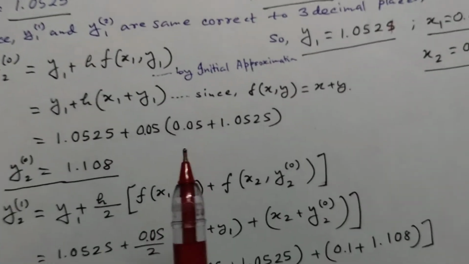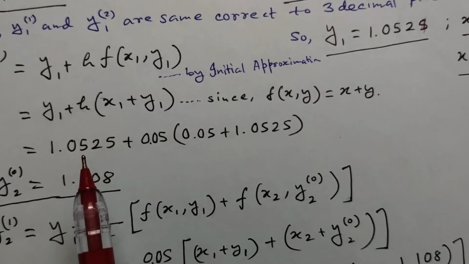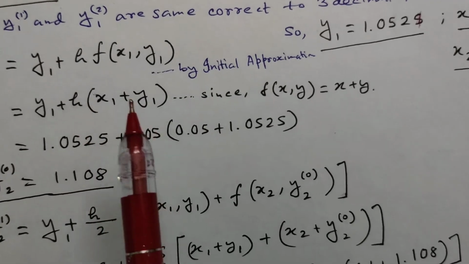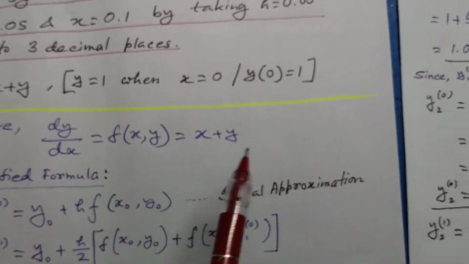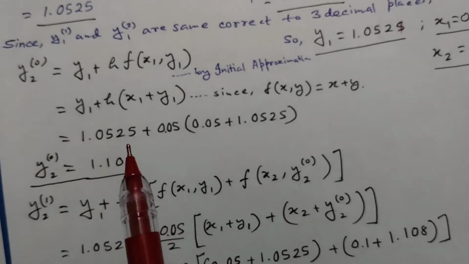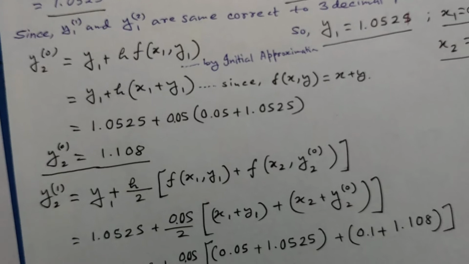So by putting in all the values, we get y1 plus h times x1 plus y1, according to the function given in the question. So putting all the values, we get y20 equals 1.108, right?